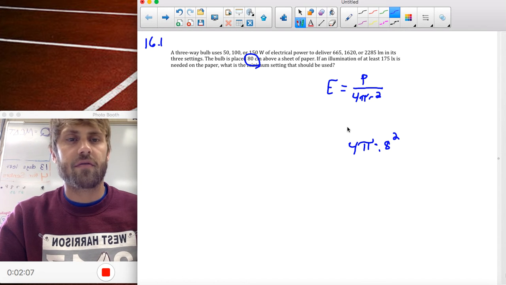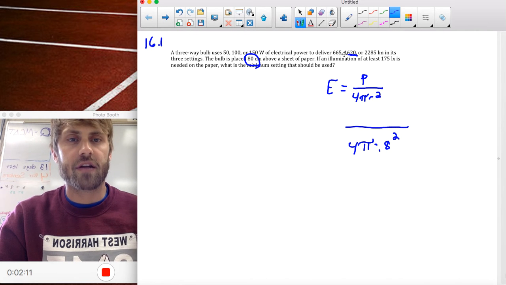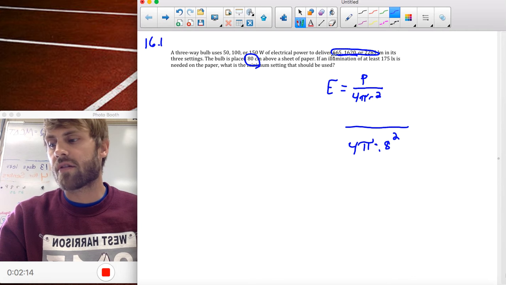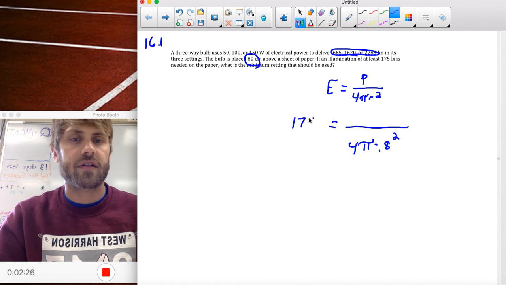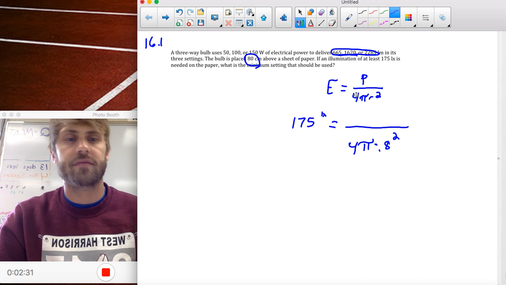And then we are trying to find P. So even though it gave us three different measures of luminous flux, we are trying to find the luminous flux that we need. And it gave us an illuminance that it desires of 175 lux, or Lx.